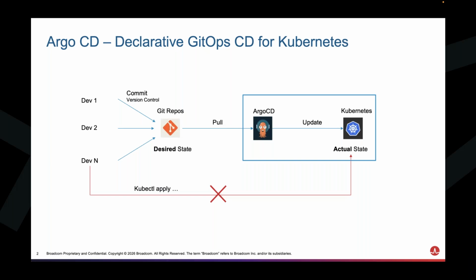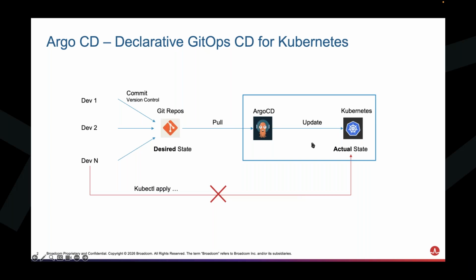So to start with, how ArgoCD works: it's labeled as a declarative GitOps continuous deployment for Kubernetes. We all know Jenkins and other CI/CD tools. It differs from Jenkins, for example, in that it's pulling the configuration from a Git repository and then applies this configuration to update or create a Kubernetes cluster.